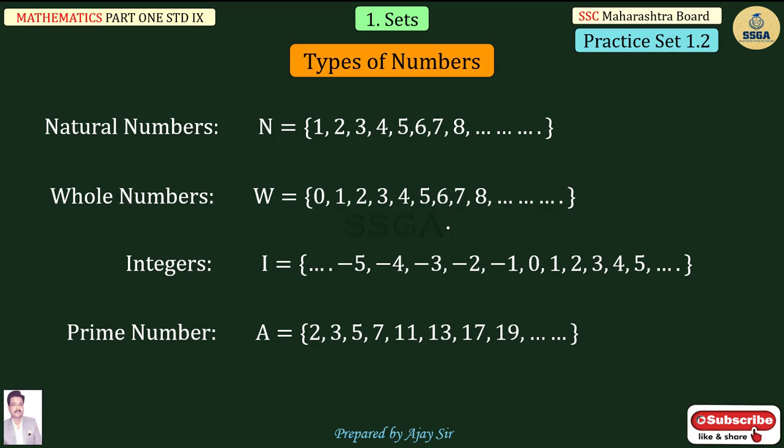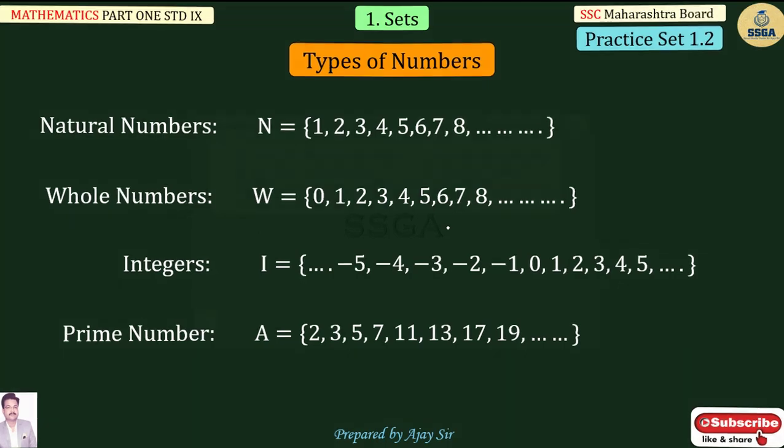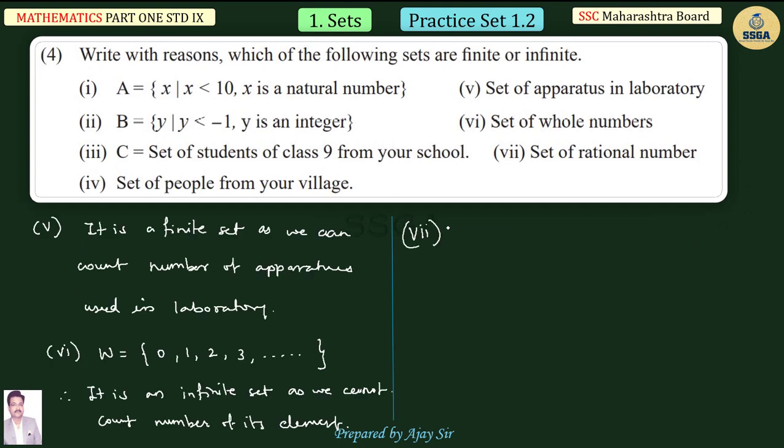So rational numbers form an infinite set, as we cannot count the number of its elements.